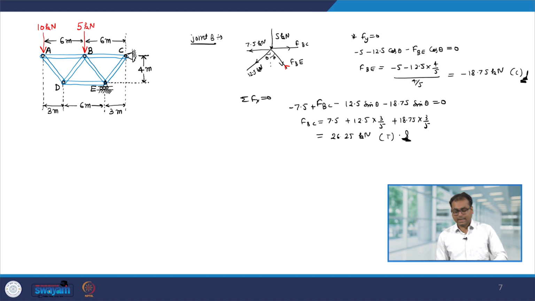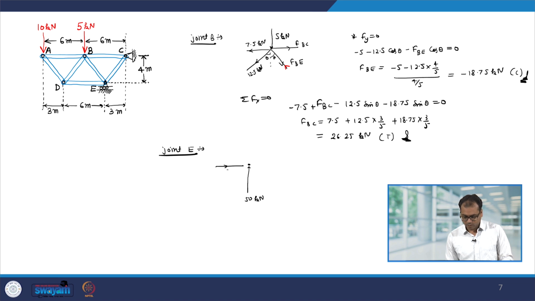Now, let us look at the last joint which is joint E. So, at E you can see there is a force of 50 kilonewton. This is the reaction from E towards y direction, and we have a force along DE which we have already calculated. So, this is 15 kilonewton.